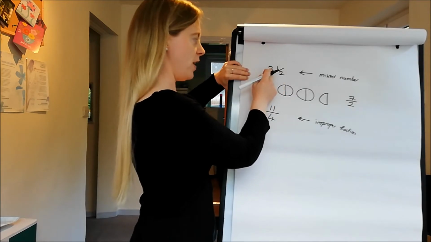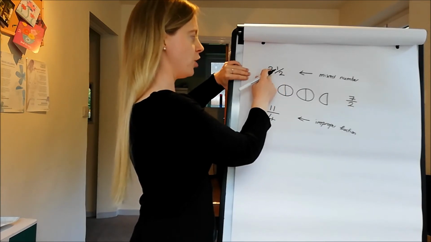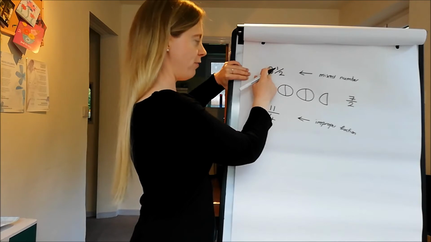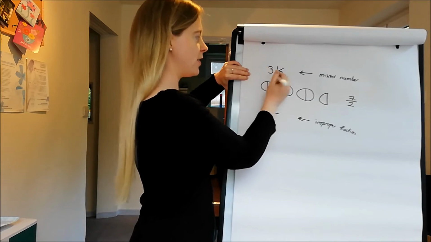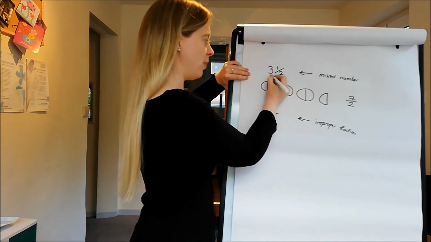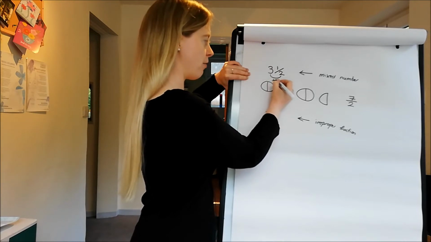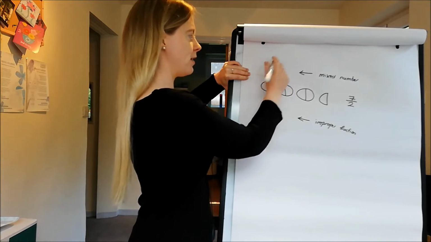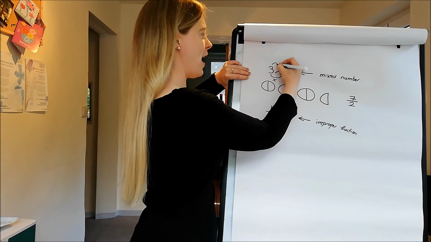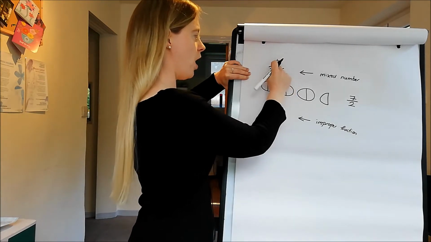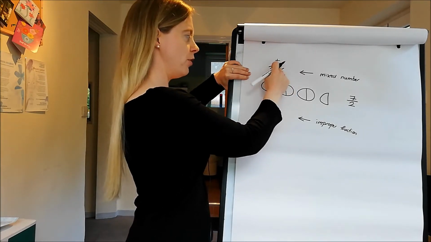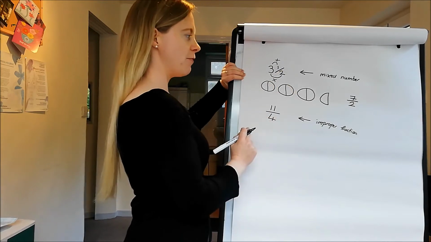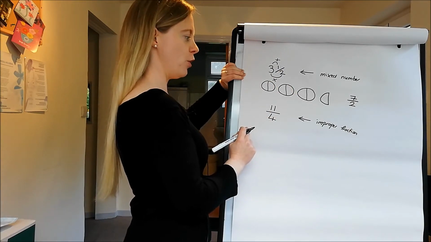So what we do is we think in every full one we've got 2 halves. So in 3 full ones we've got 6 halves. In other words, we multiply the 2 and the 3 together to give us 6. And then we add on the 1 to give us 7. And we're working in halves, so the answer goes over 2.